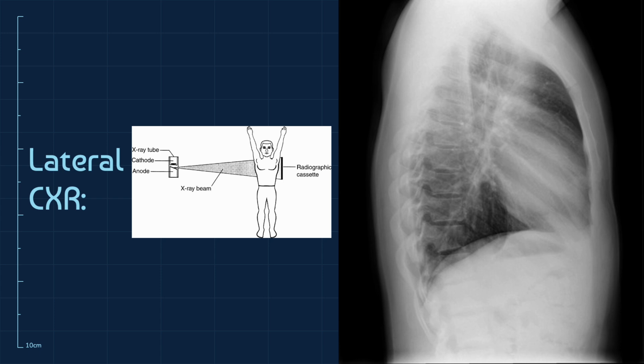And if you do have an abnormality and you're not sure which lobe it's in or where it's hiding, it's always important to have a lateral chest x-ray so that you can determine where it is, if it's hiding, say, behind the heart or below the diaphragms, and just to have a better understanding of where the abnormality or finding may be in terms of which lobe and lung it may be.